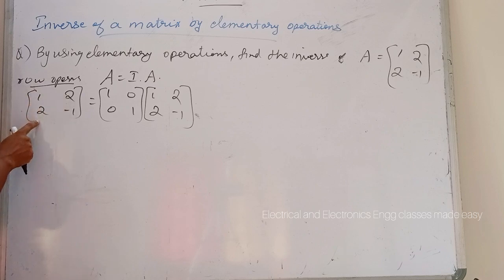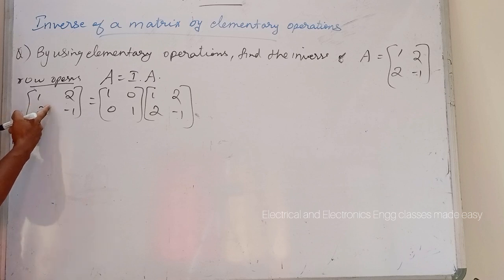Next we have to make this 2, that is the second row's first element, 0. So make this element 0. So for that we have to change this row, that is R2 implies. So how will you get this element as 0?